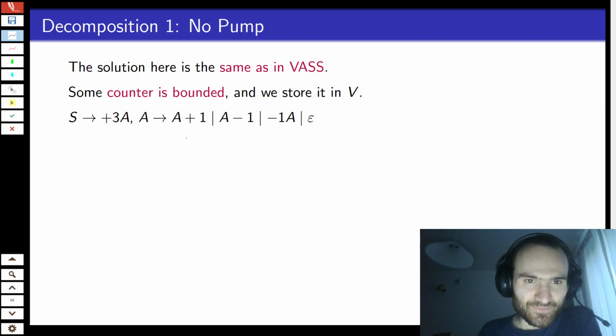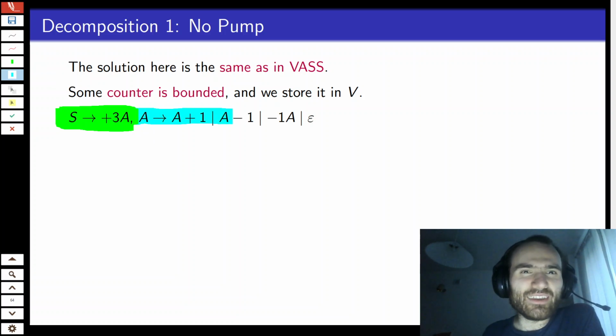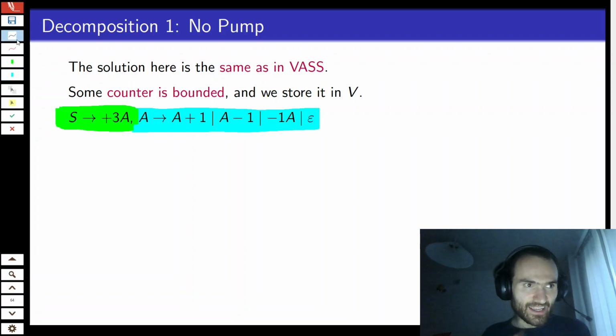Simple example. Say you have this grammar, the main point is you have 2 non-terminals. This is the first SCC. It just exits immediately, but before that it produces value +3. And then you have this SCC. So this is like 2 SCCs.